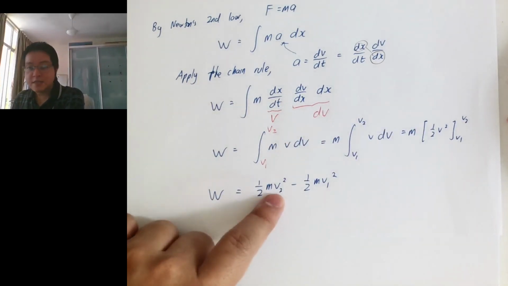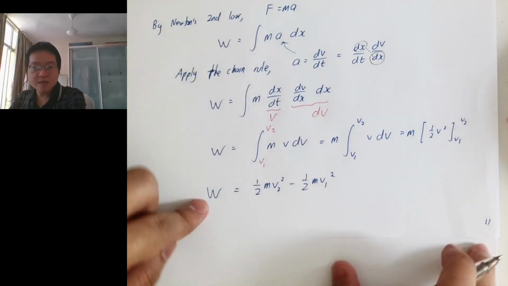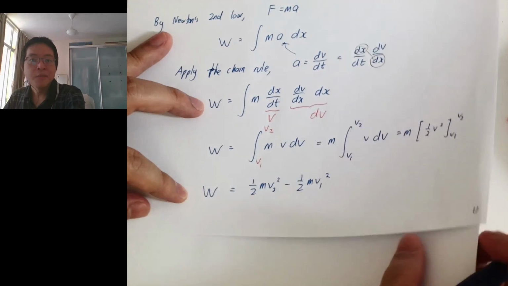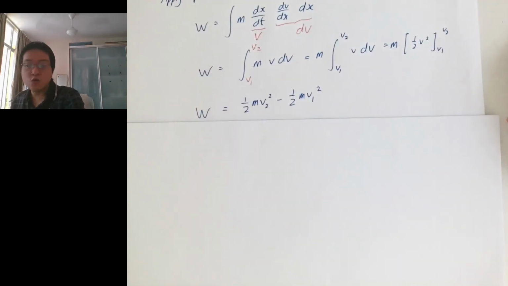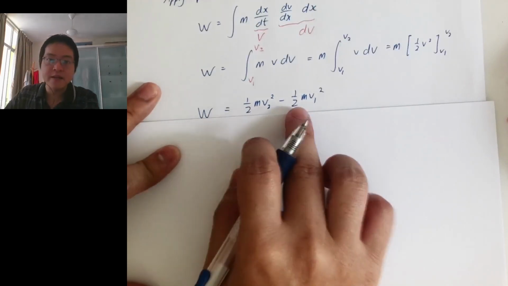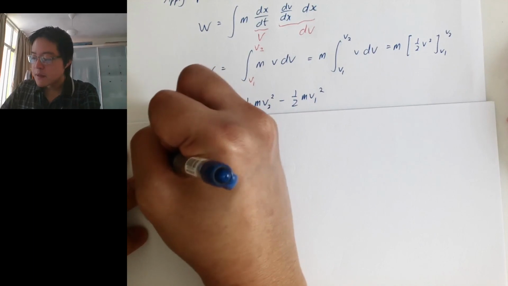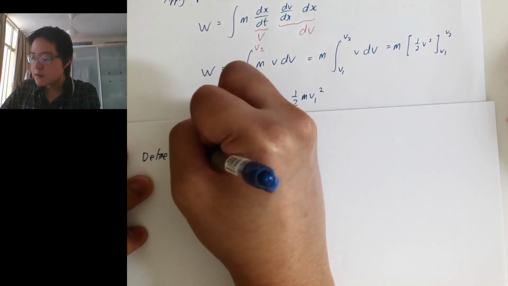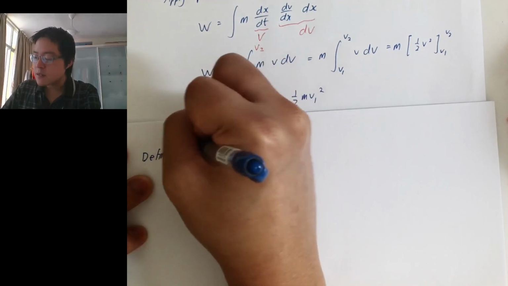Okay, so this is where you learn kinetic energy from high school, because we concluded that integrating this, the work done equals a difference of two quantities appearing in this combination. So this is where we define the kinetic energy of a particle.